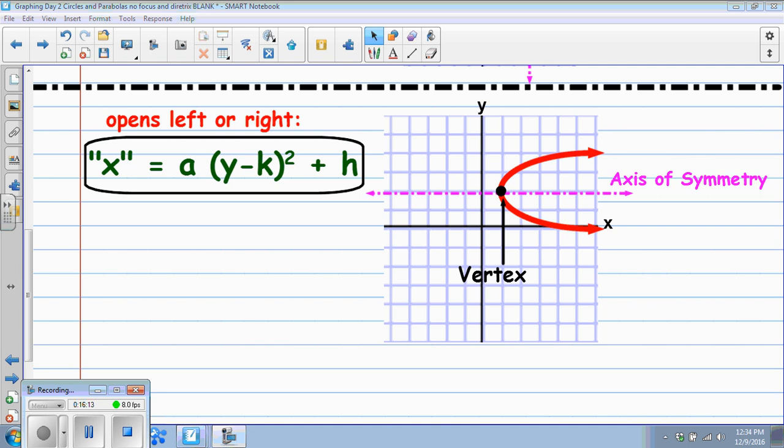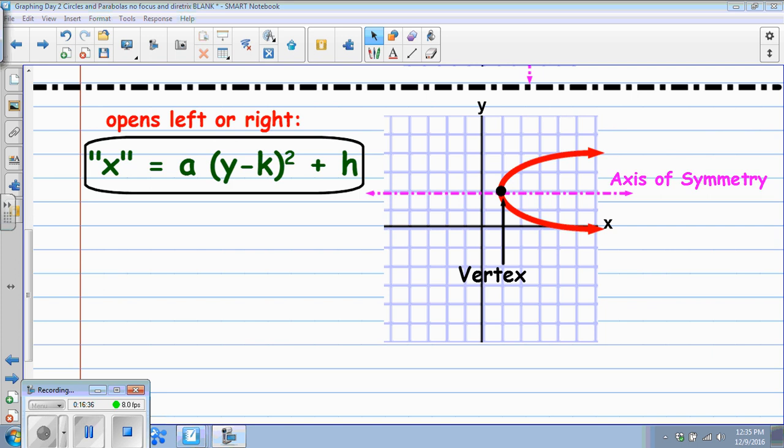A. The parent graph of that opens positive to the right, so if A is negative, it opens to the left. So in both cases, if A is negative, it either opens to the left or down. If A is positive, it either opens to the right or up.